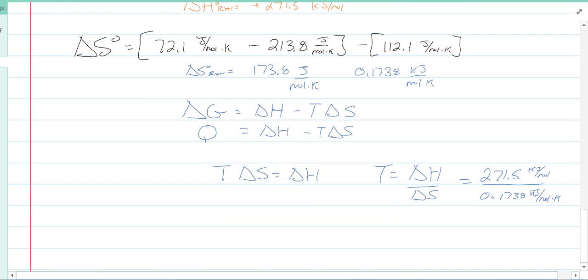So that gives me a temperature of about 1562 Kelvin, which is quite warm.